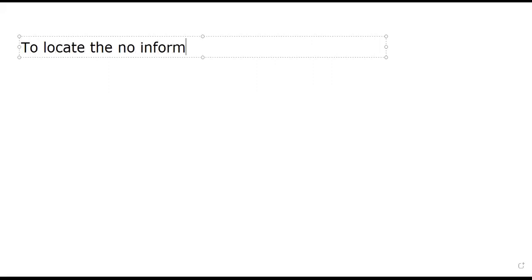Now, sometimes it is complicated for students. Let me write it here on the screen: to locate the no information included in a passage.